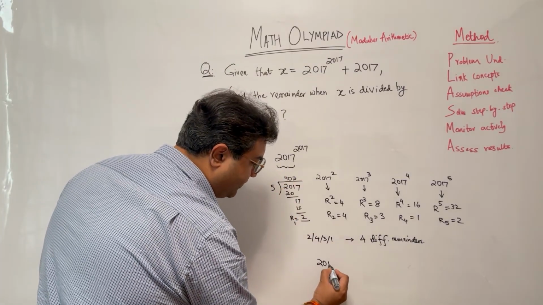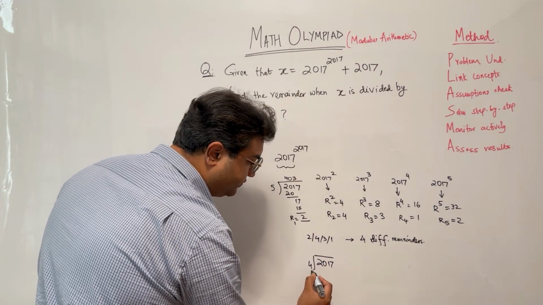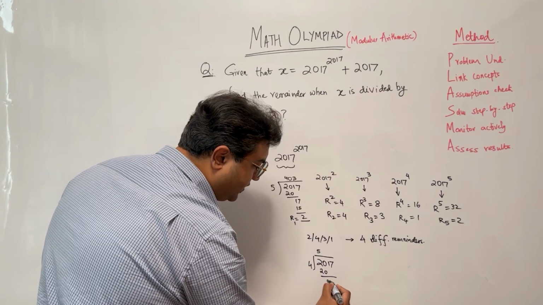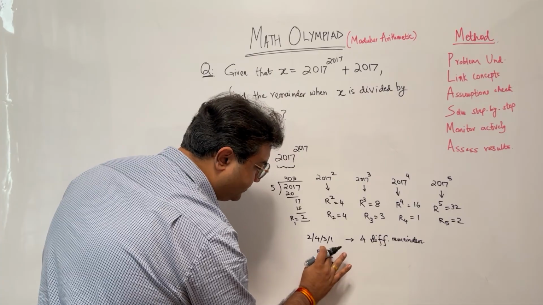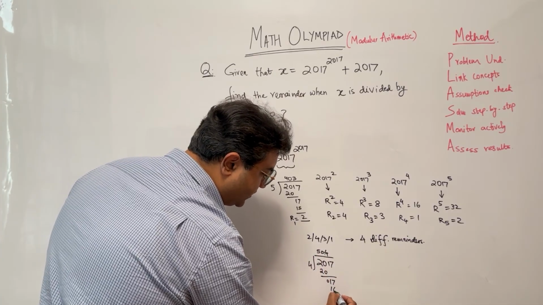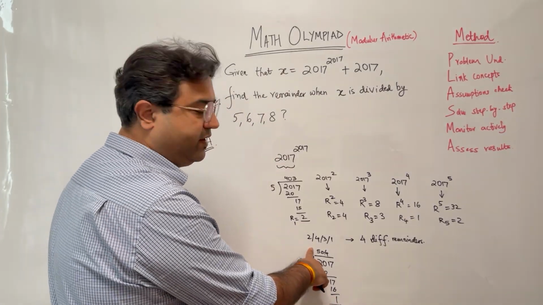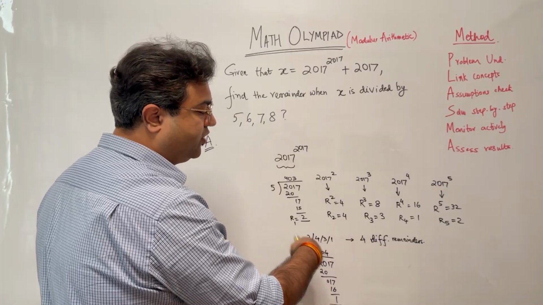So 2017, you divide by 4, you will get 5, 20, then 1 is 0, then 17 is 3, oh sorry, 4, so 16, and then 1. So meaning 504 times these 2, 4, 3, 1, 2, 4, 3, 1, this will repeat on and on and on.